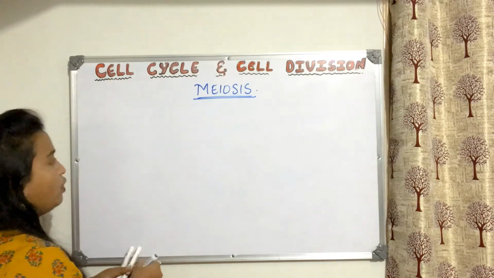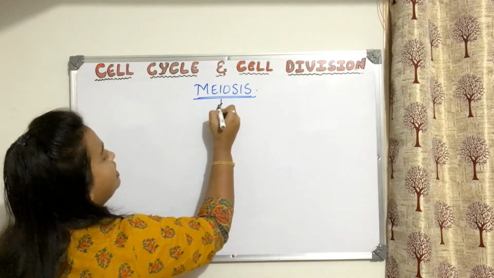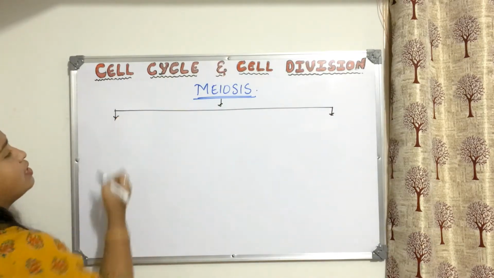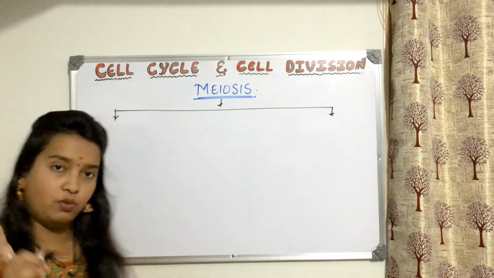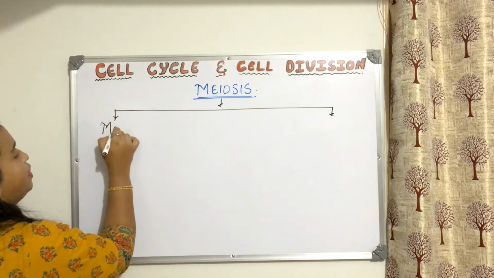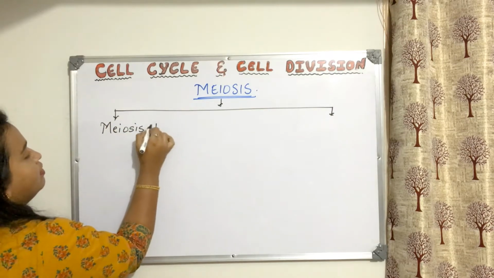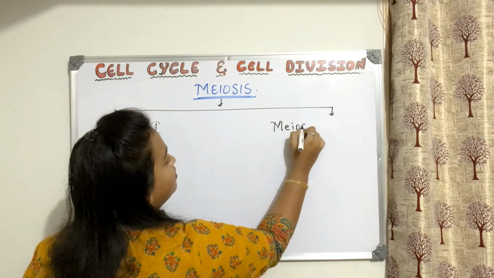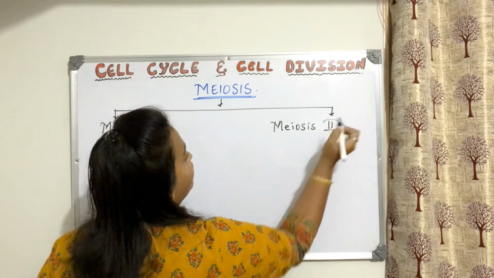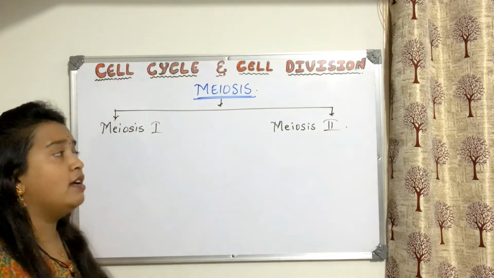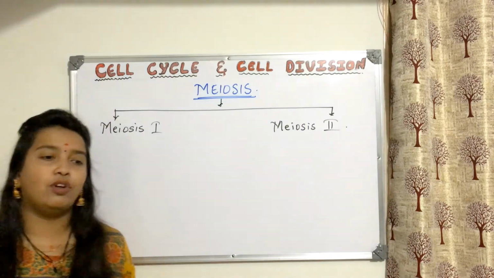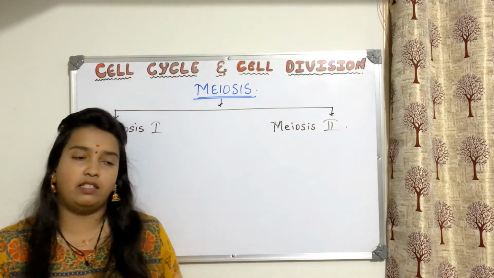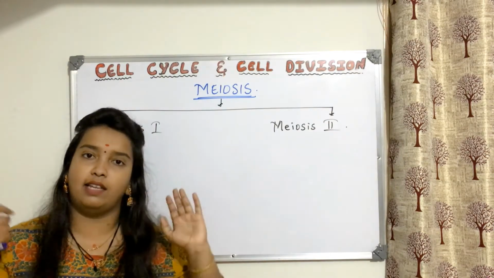To understand it better, we will see the complete chart. Meiosis is divided into meiosis 1 and meiosis 2. Now you know that for mitosis or meiosis, a cell is a cell only.